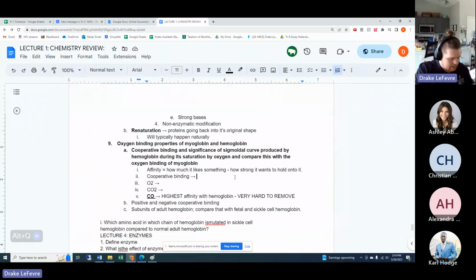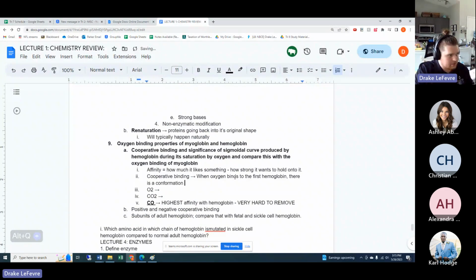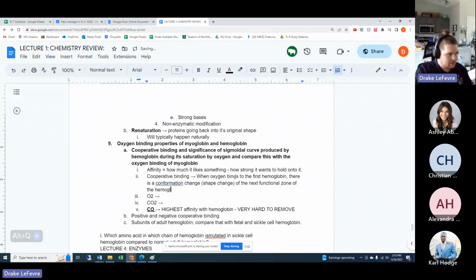So with cooperative binding, when oxygen binds to the first hemoglobin, there is a conformational change, a shape change, of the next, what's the proper terminology for it? I believe it's called the next functional zone of the hemoglobin, which increases that area's affinity for oxygen.